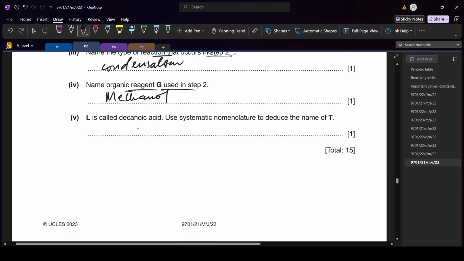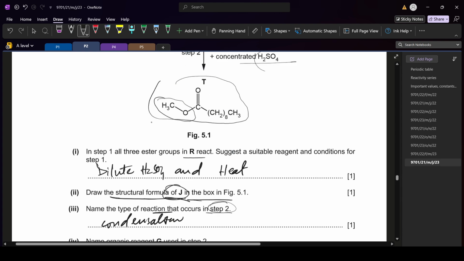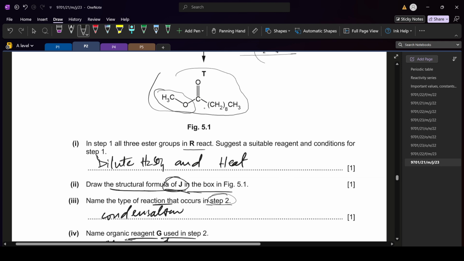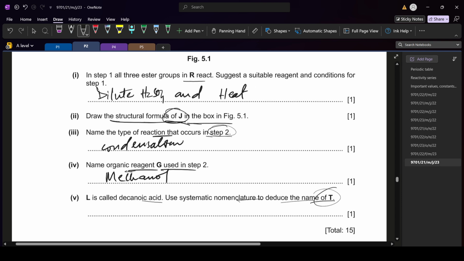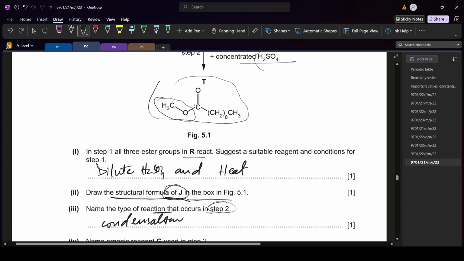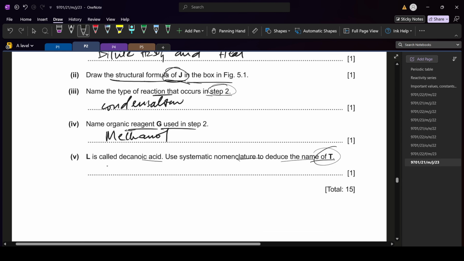Now L is called decanoic acid. Use the systematic nomenclature to deduce the name of T. So for T, you have the alcohol, methanol, and this carboxylic acid, which is decanoic acid. So the name of this ester would be methyl decanoate.